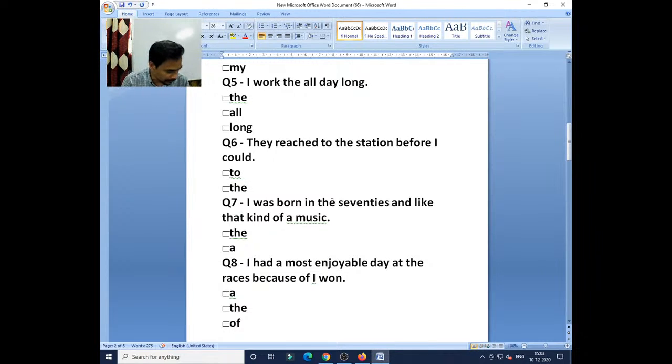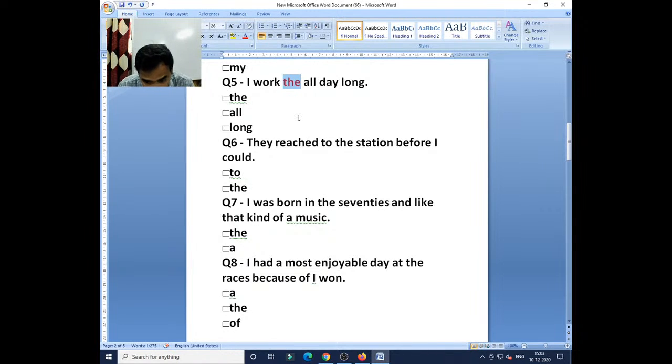Very good, Subham. So "the" will be removed: I work all day long. Though it is giving you some extra information, that is also wrong information. So we have to remove this so that your sentence can be 100% grammatically correct and make sense. Clear?